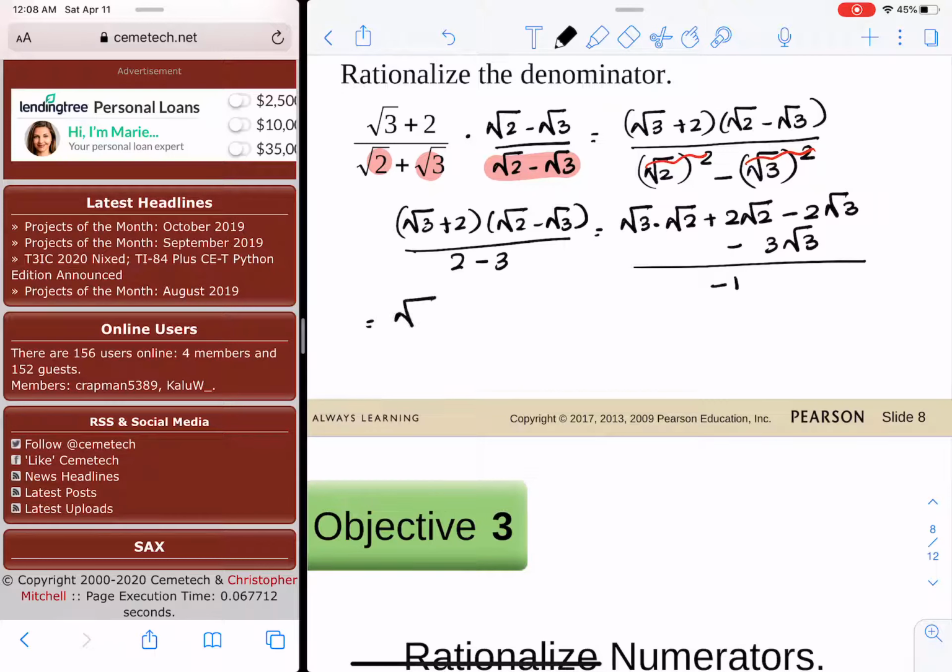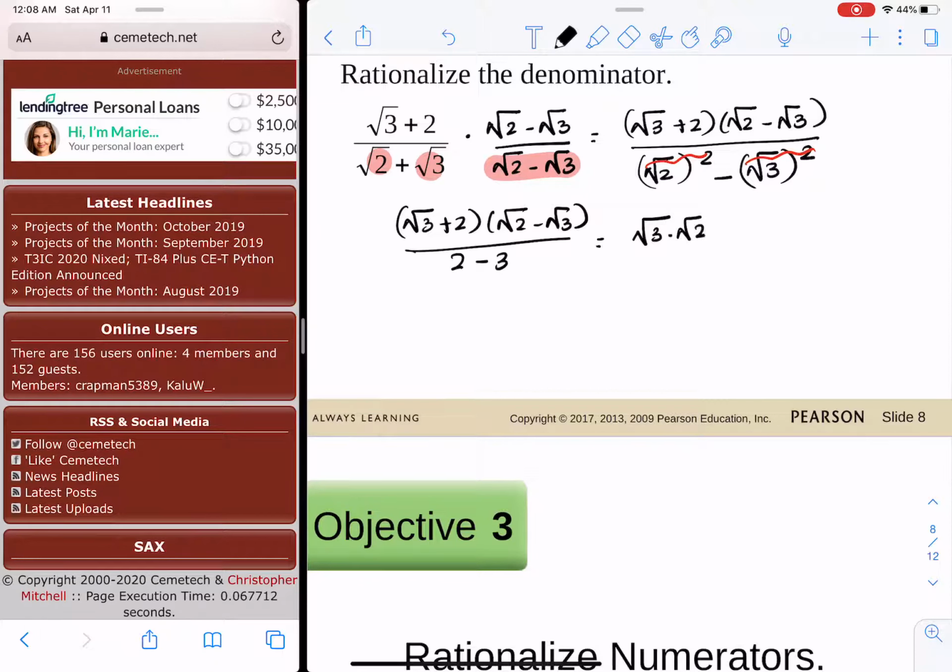So I will have square root of 6 plus 2 square root of 2 minus 2 square root of 3 minus 3. Excuse me, I sort of made a mistake here. Going one step ahead. So the first term would be square root of 3 times square root of 2.